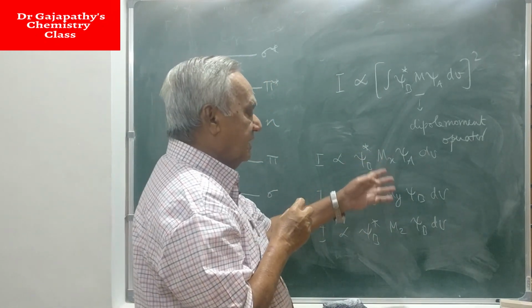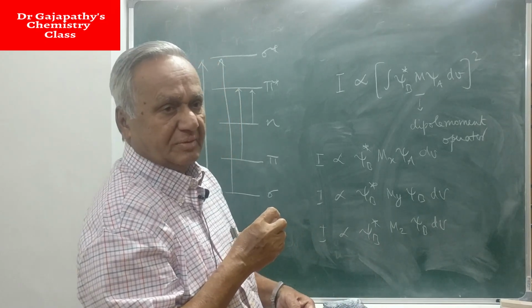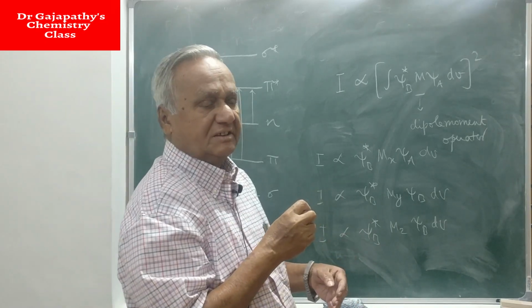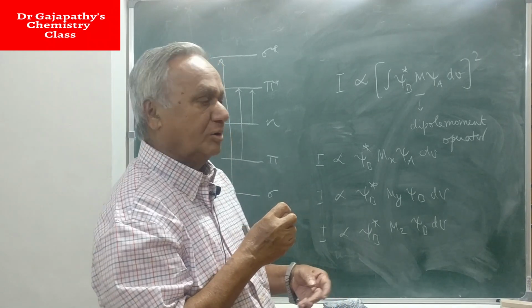If any one of them is non-zero, then intensity will be there. Such a transition is a symmetrically allowed transition.